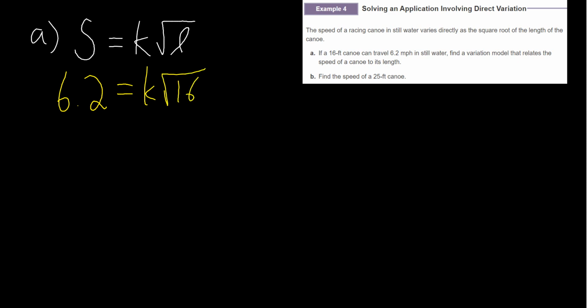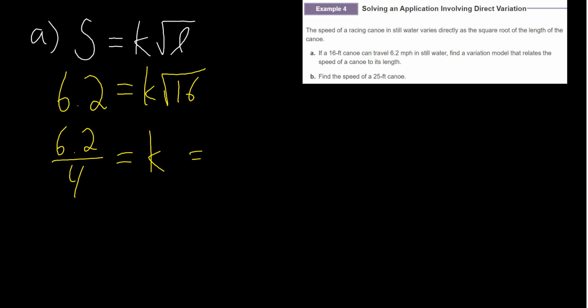Well, the square root of 16 we know is 4, and then we need to divide both sides by 4. So we're going to end up with 6.2 divided by 4 is equal to k, which is 1.55.